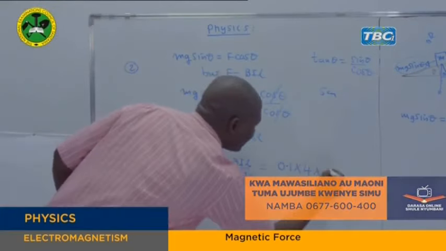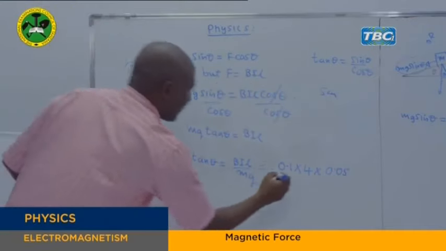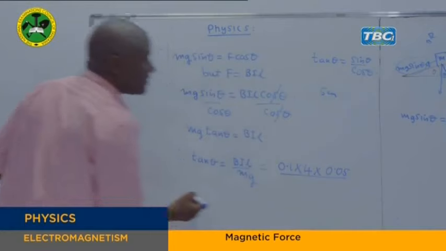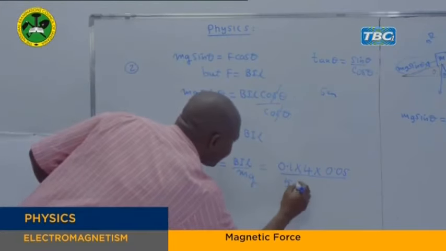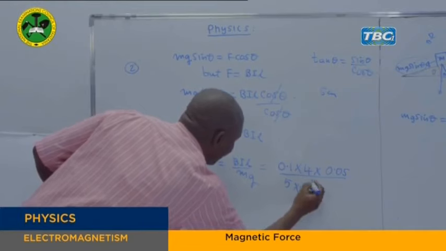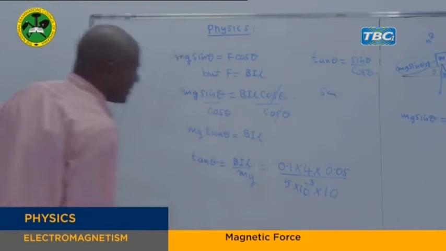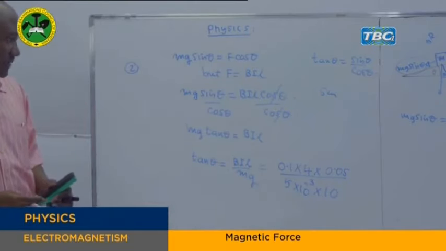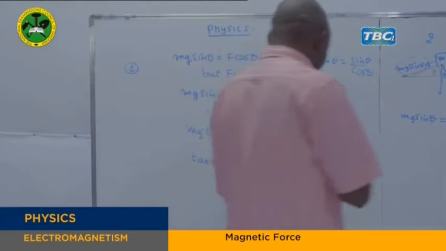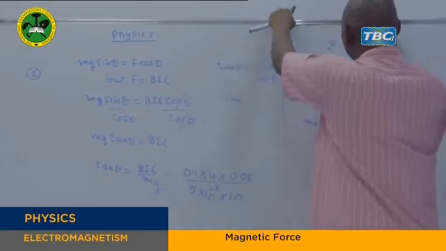So you convert this into 0.05 meters, divided by the mass of that bar, given as 5 gram, 5 times 10 power negative 3. And our g is 10. Try to check the values there using your calculator. Plug in the values and check how much you are getting.